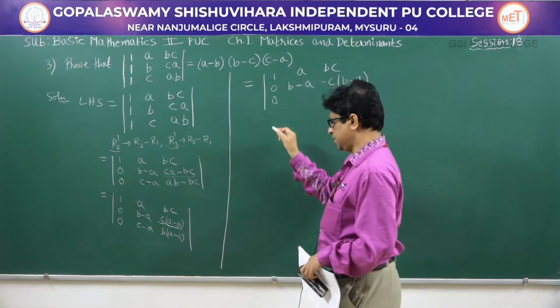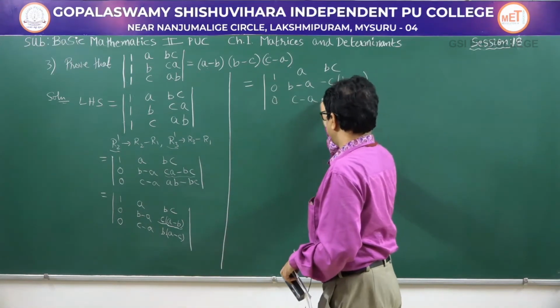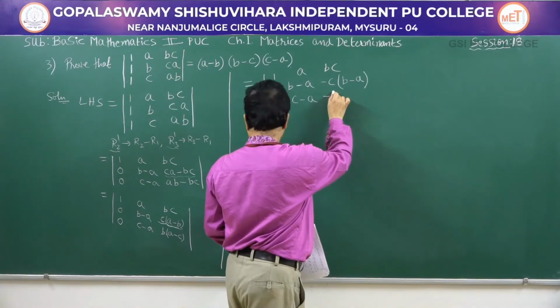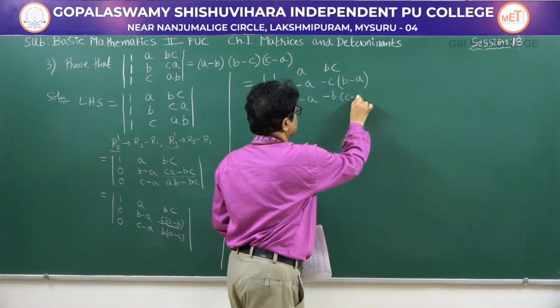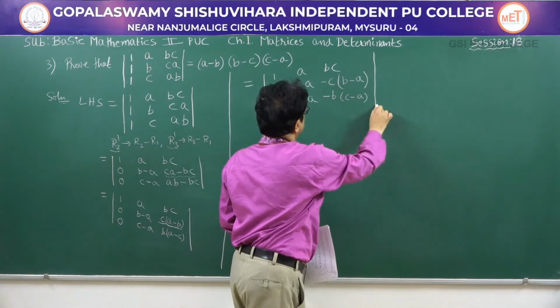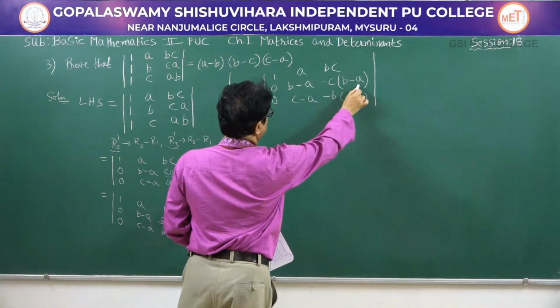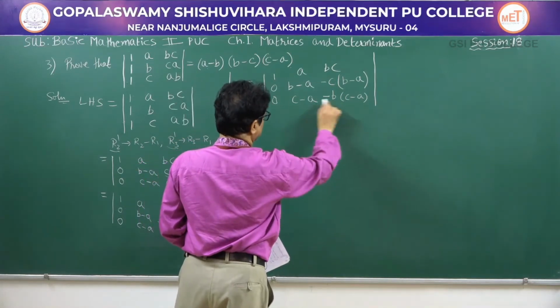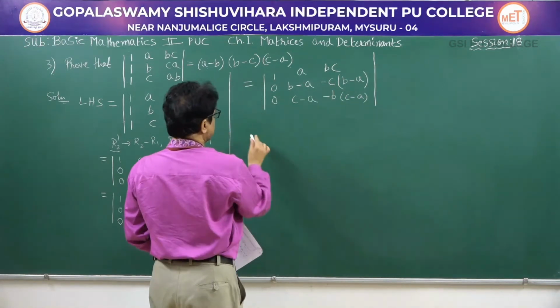So it is 0 C minus A. If I take minus common, we will get C minus A. If you observe in the second row, we can take B minus A common. In the third row, we can take C minus A common.